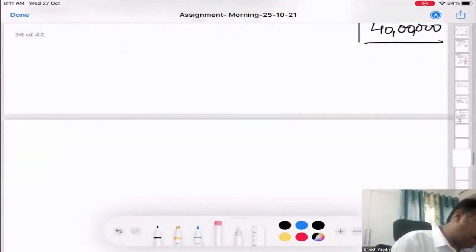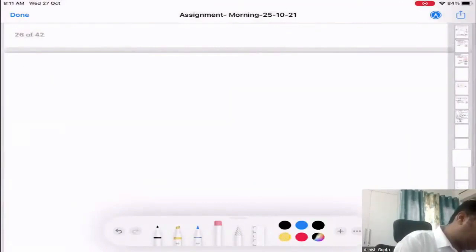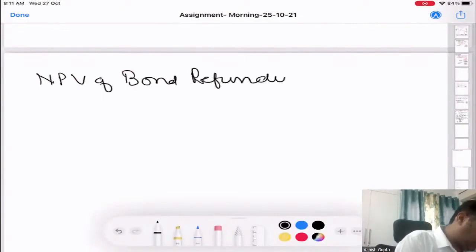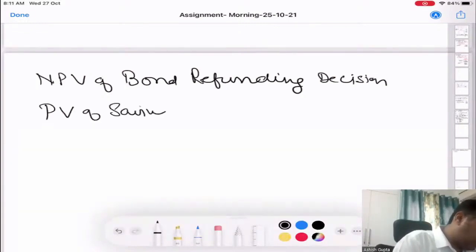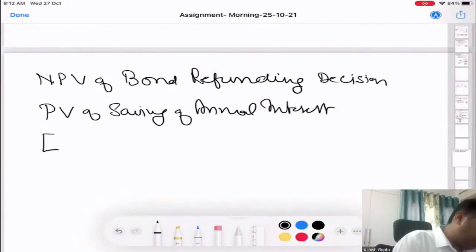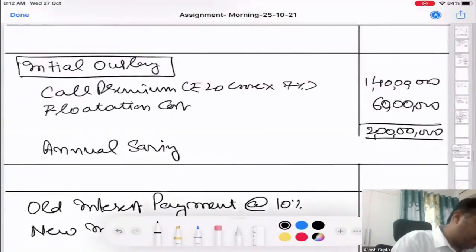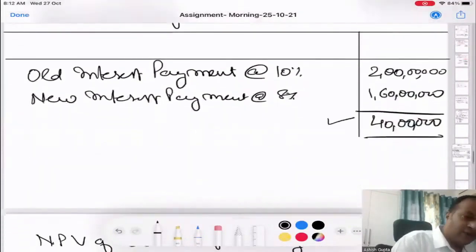NPV of the bond refunding decision. Now our saving is 40 lakh rupees.